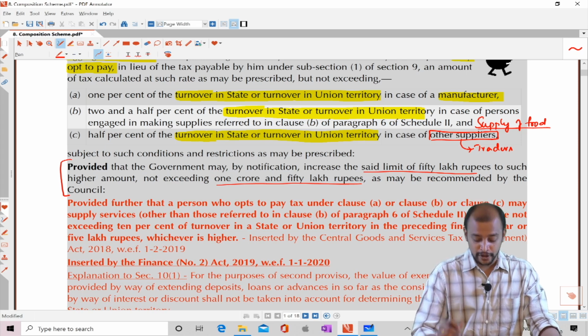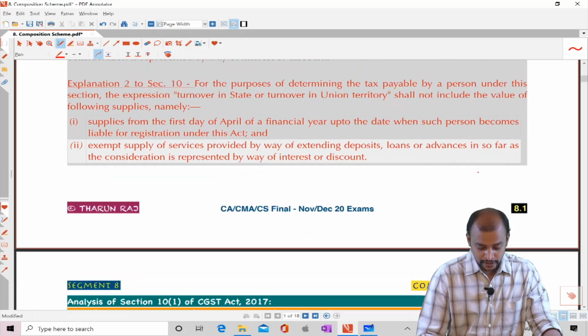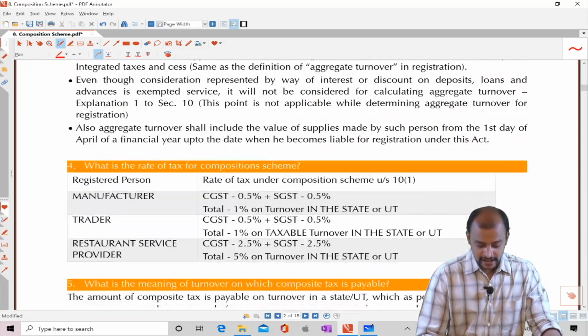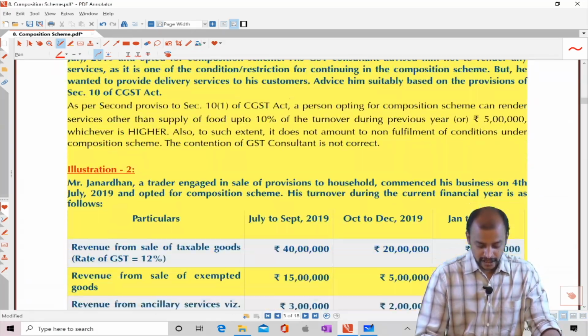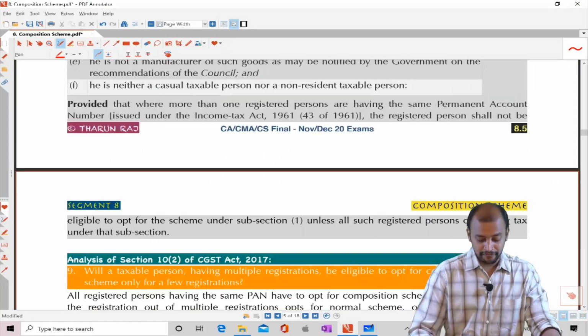So that is one point. Then apart from that, you should refer to section 10 subsection 2. Have a look into that. They have given certain restrictions to opt for composition scheme.